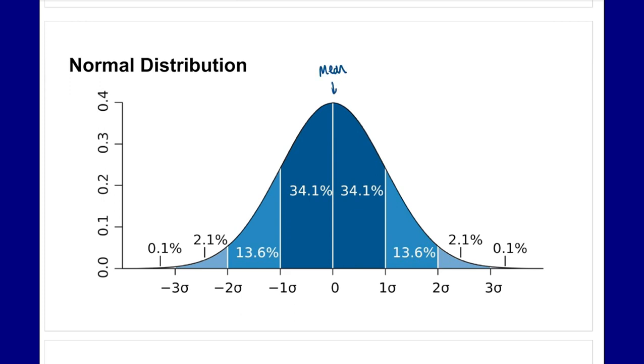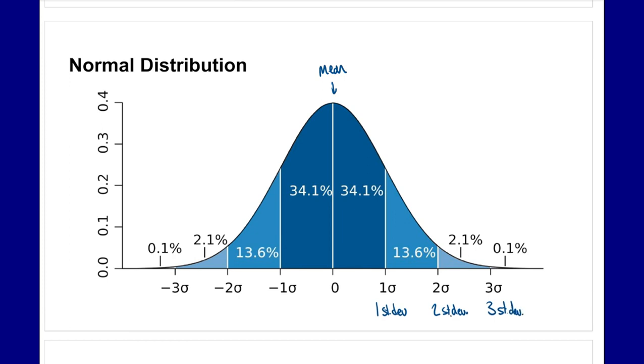So the middle of our normal distribution is our average, or 0. And along the bottom, these are representing 1 standard deviation, 2 standard deviations, 3 standard deviations.